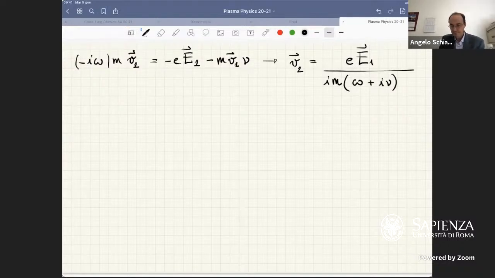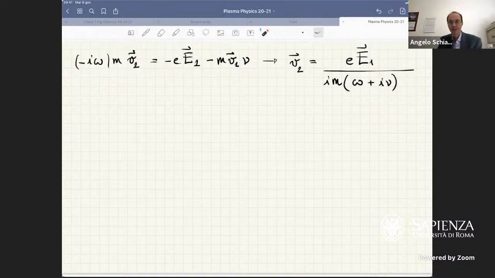Okay, so we see that there's a relation between the speed of electrons and the electric field, and it's a complex one. So the real part will be a redefinition of the amplitude of the speed of the electrons, and then there's a complex phase.